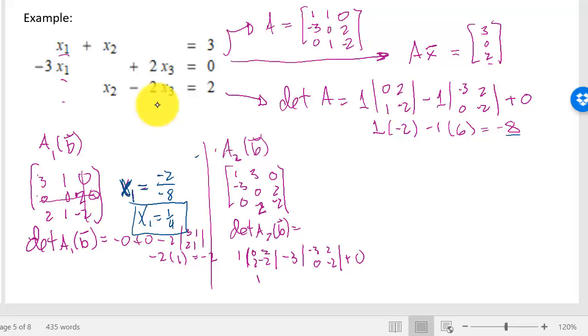So we're going to get 1 times 4 minus 3 times positive 6. And here we have 4 minus 18, so that's negative 14.